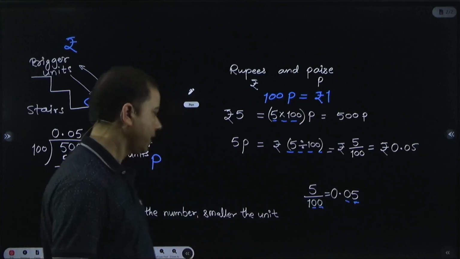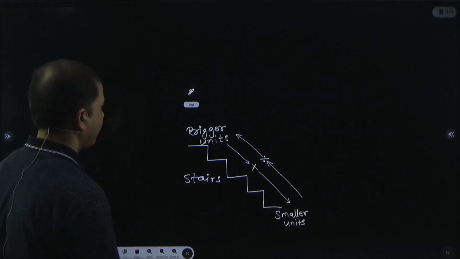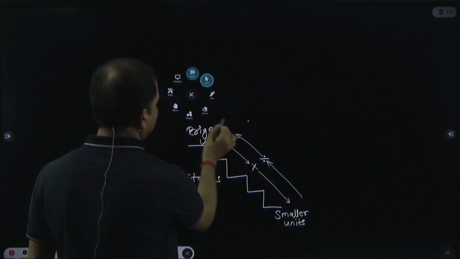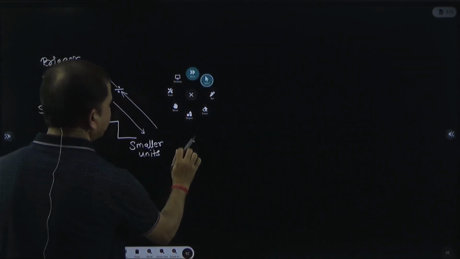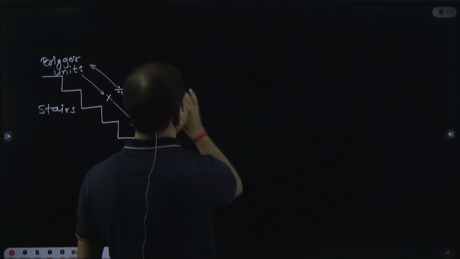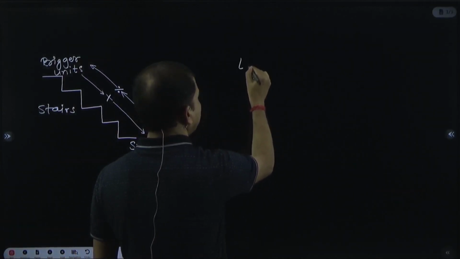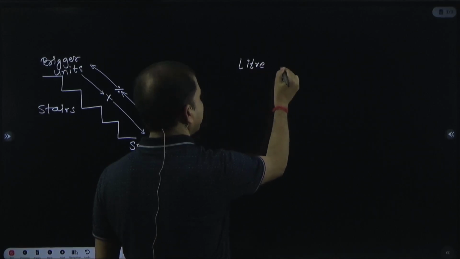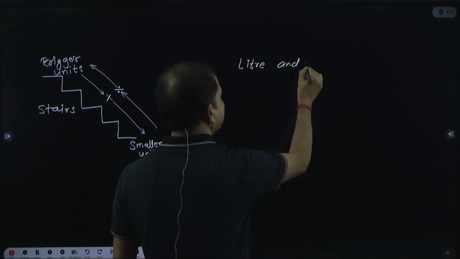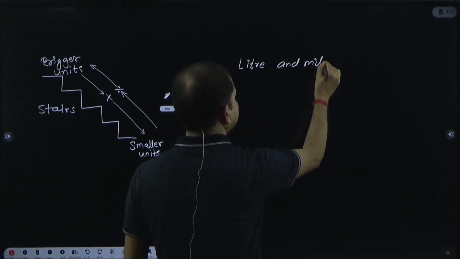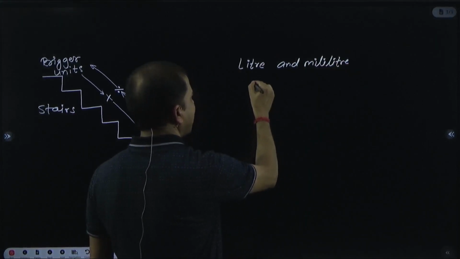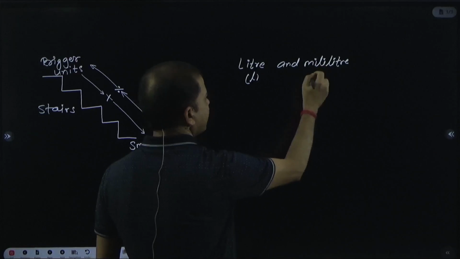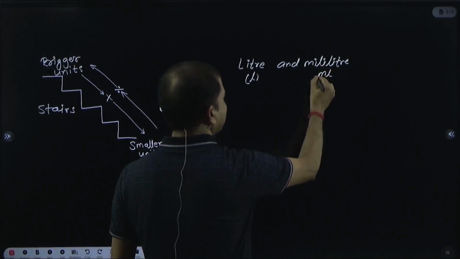Let's take another example. And this time I'm taking liter and milliliter. For liter, I'll write L. For milliliter, I'll write ml.